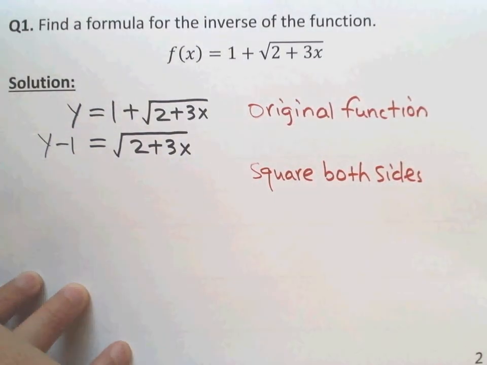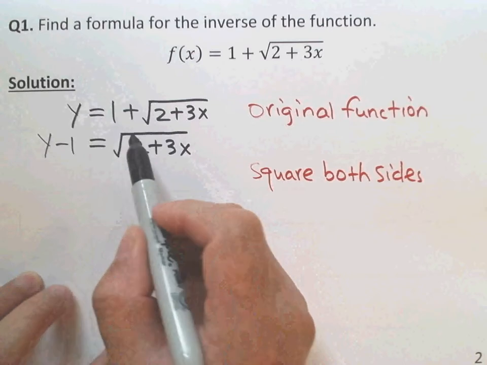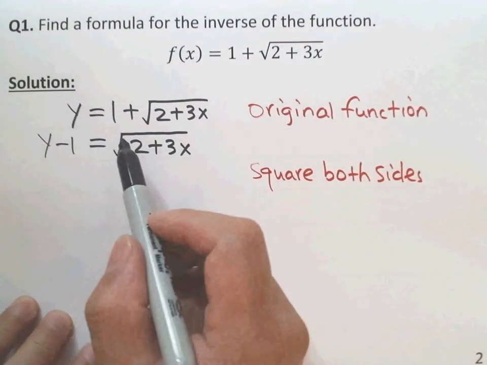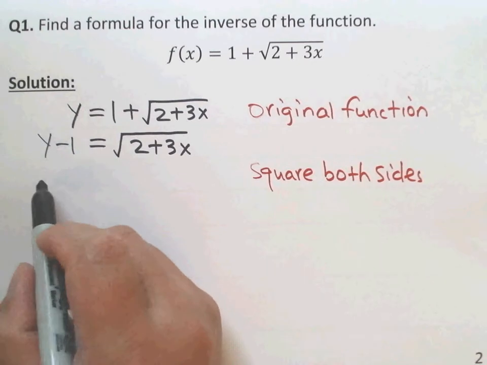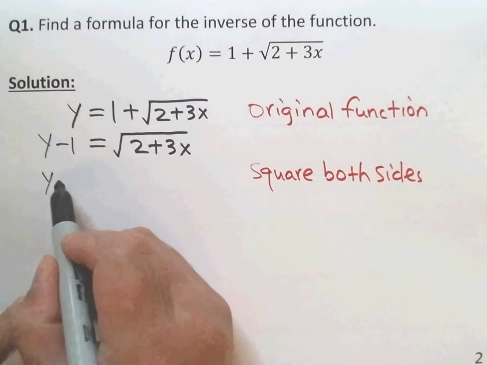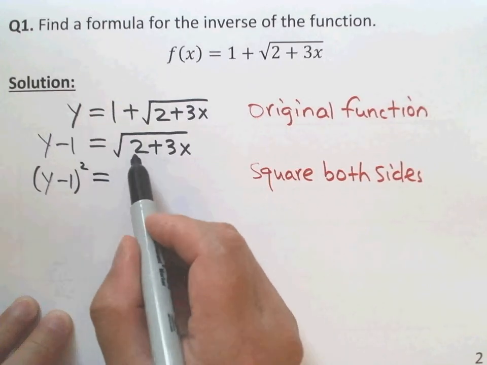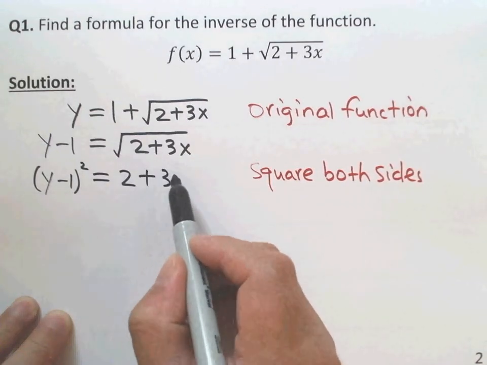We don't like the radical. The square of the square root just cancels the square root. So the left side is (y minus 1) squared, which equals 2 plus 3x.